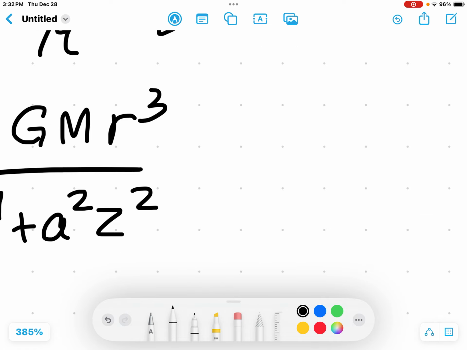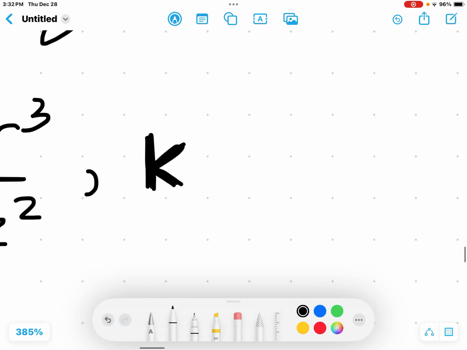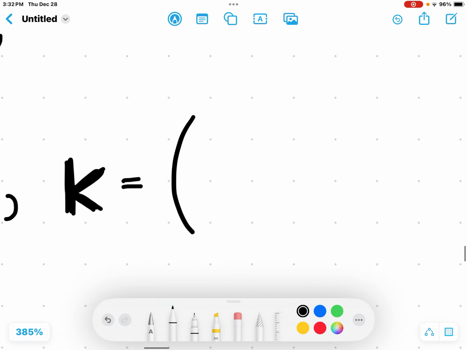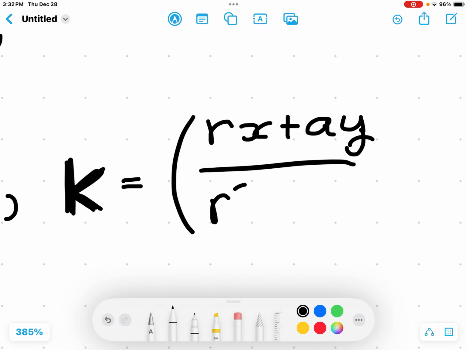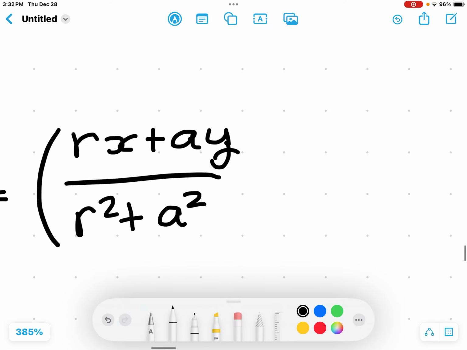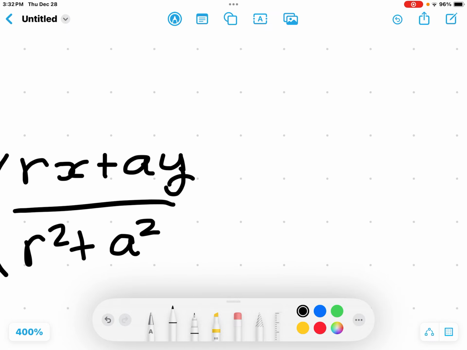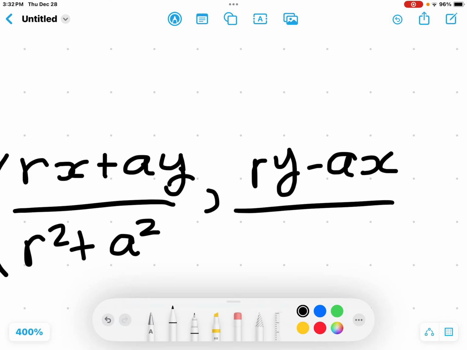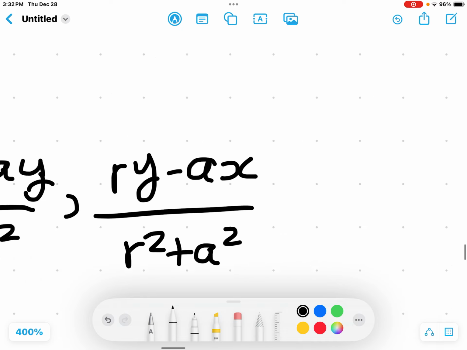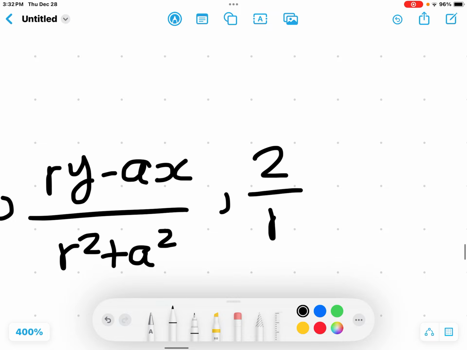So that's z squared, and my k, which is originally in boldface, so I'm going to write it in boldface because I can. k is r x plus a y over r squared plus a squared, and then the next component is r y minus a x over r squared plus a squared, and then z over r.